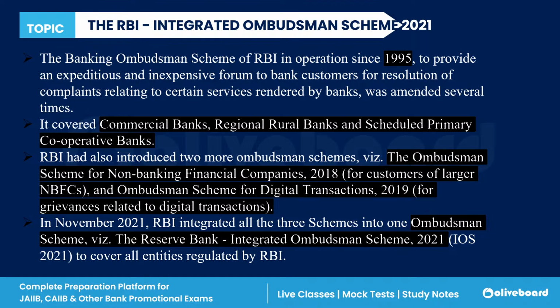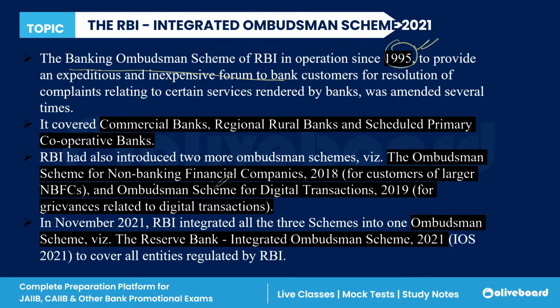First of all, there were three schemes which were working. The first scheme was very common, the Banking Ombudsman Scheme 1995, the very first scheme which was working.